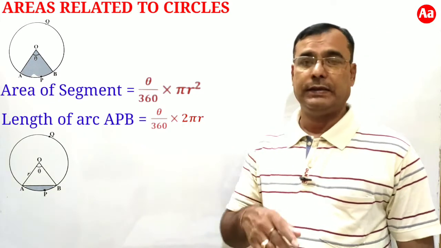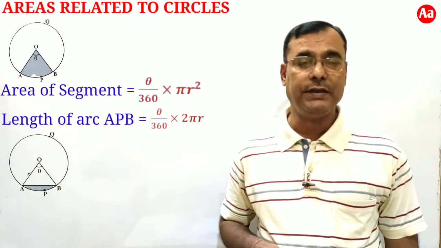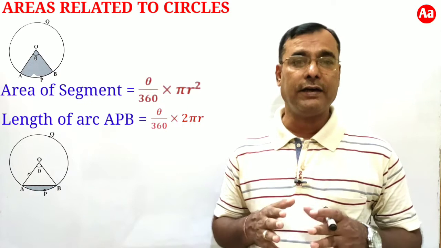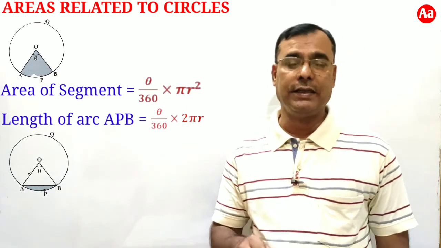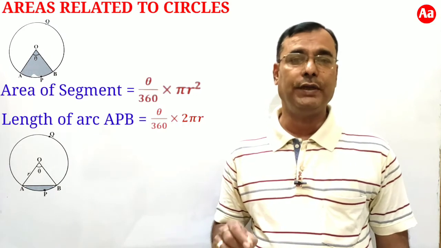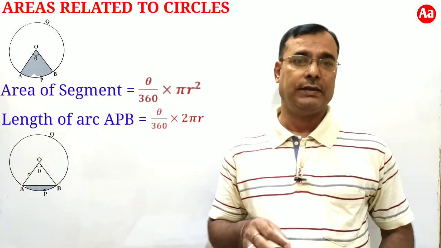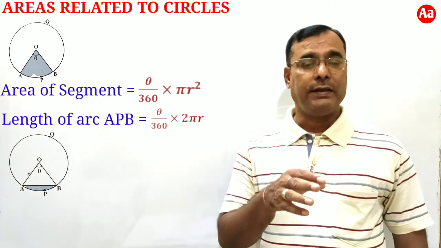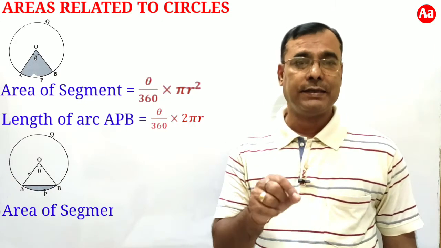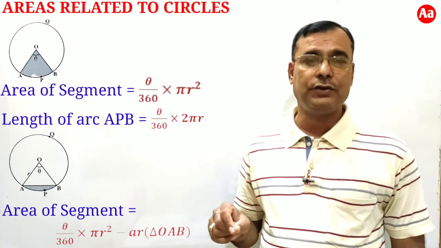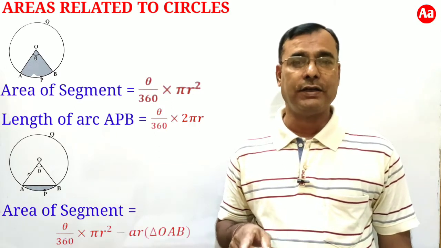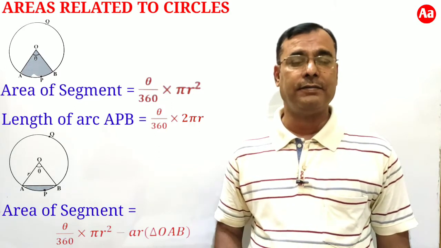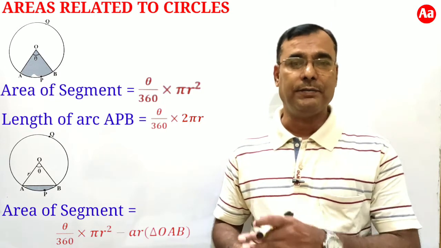Area of segment APB is equal to area of sector OAPB minus area of triangle OAB. Therefore, area of segment APB is equal to theta by 360 pi r square minus area of triangle OAB.